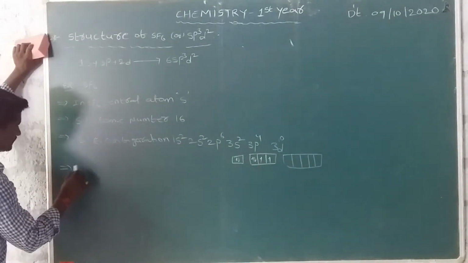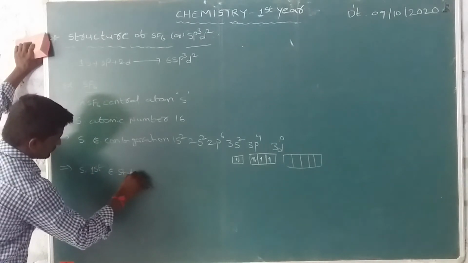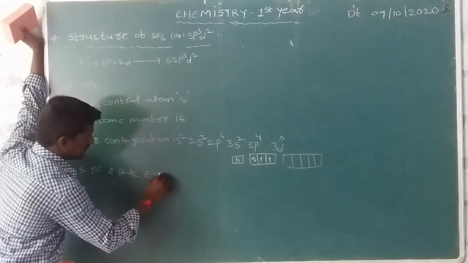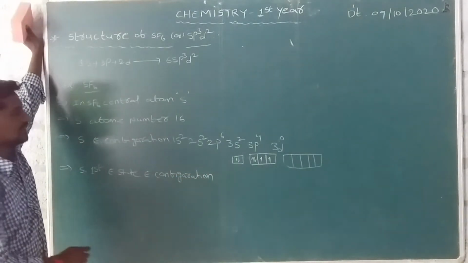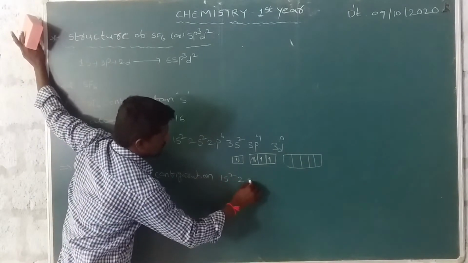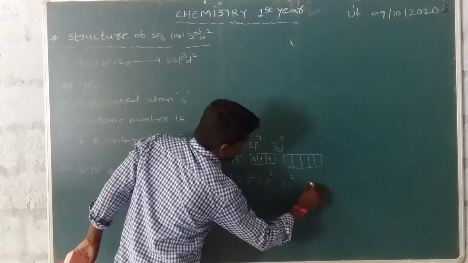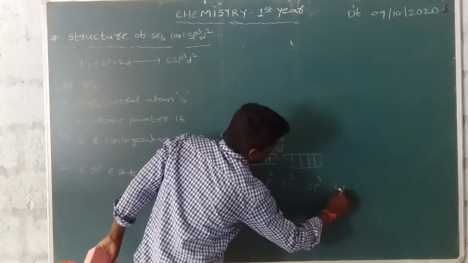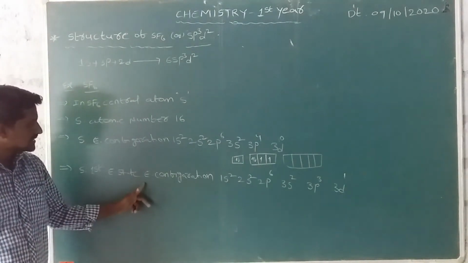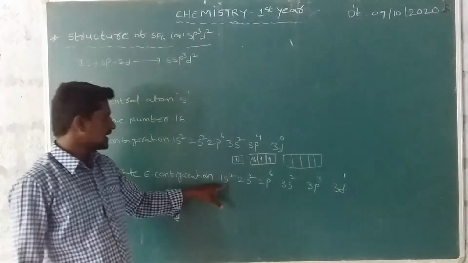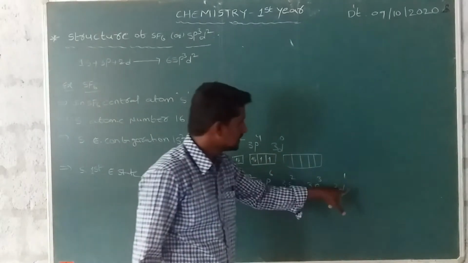Next, the sulfur first excited state electronic configuration: 1s2, 2s2, 2p6, 3s2, 3p3 and 3d1.